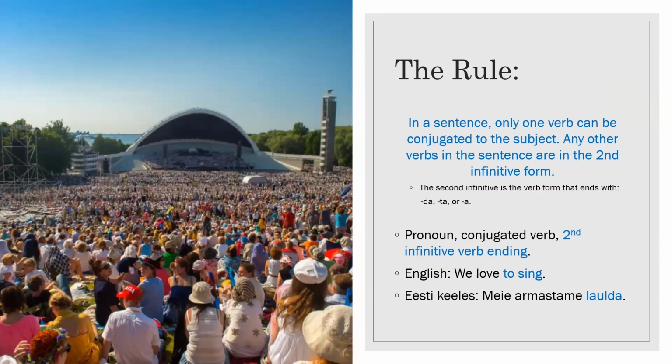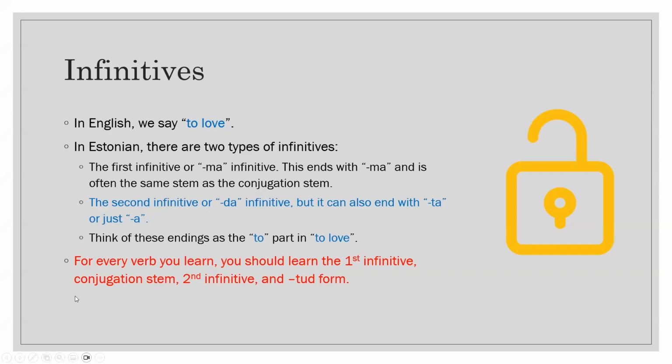It can also end with the TA or A. Be sure, like I said, that you are memorizing all the forms of these verbs. It will help you 1,000% later. If you memorize these verbs in their first infinitive, conjugation stem, second infinitive, and tude form, if you get all of those down, you're going to be able to build all the different forms of these verbs later, and it's going to save you the headache of trying to go back and relearn all of these words because you didn't fully learn them the first time.